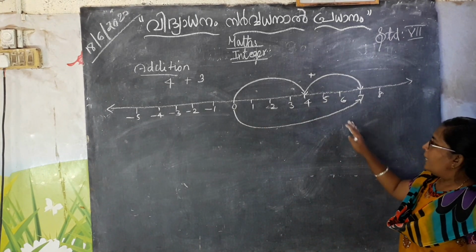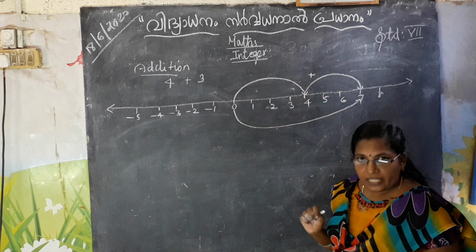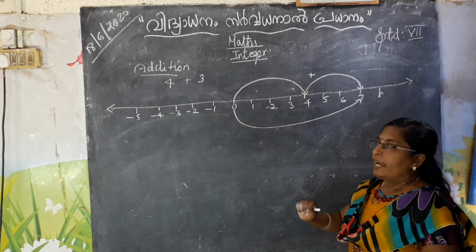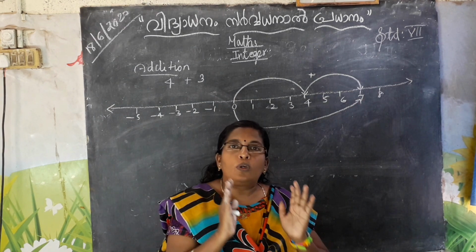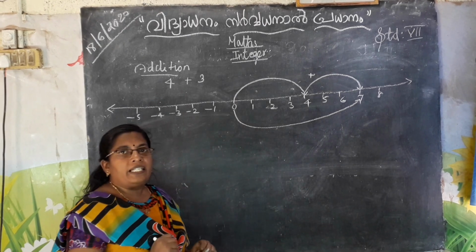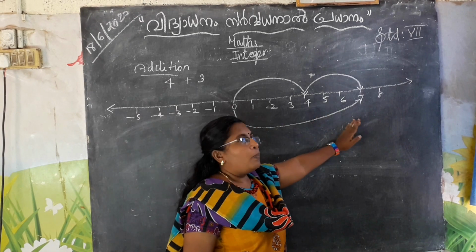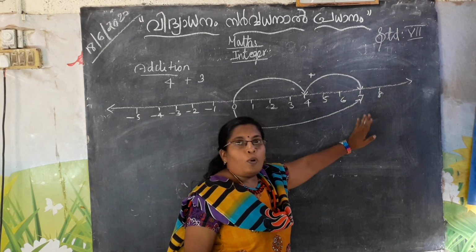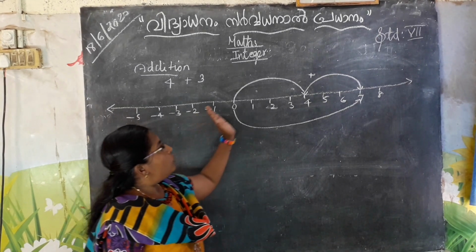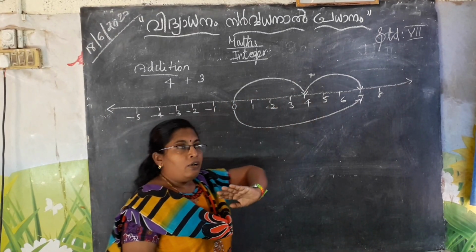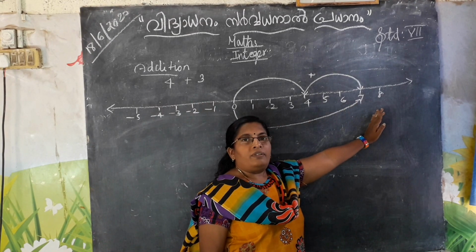Understand? See here. When we add two positive integers, we will get a positive integer. When we add two positive integers, where do we go?